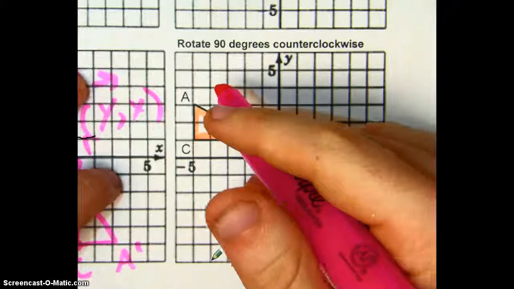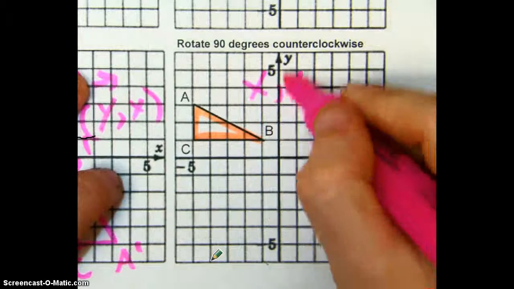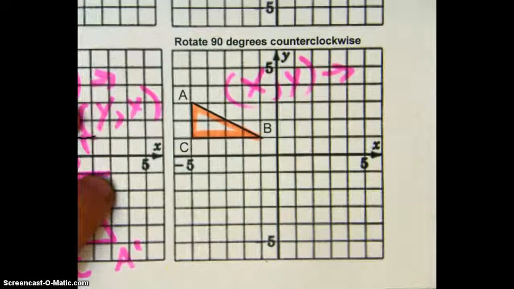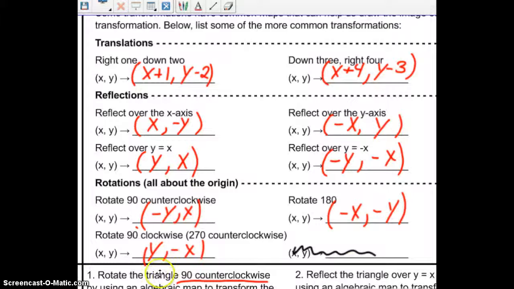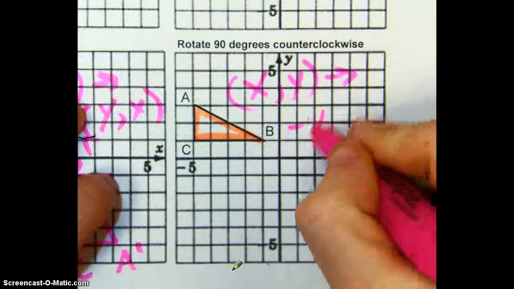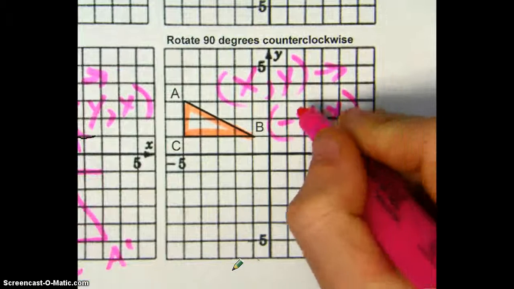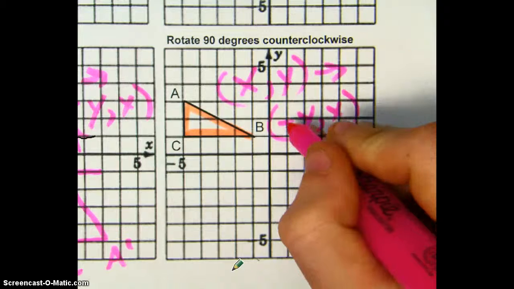So the last one is rotating 90 degrees counterclockwise. And this mapping is a little hard to remember. In fact, I need to look it up right now for myself. Yep, rotating 90 degrees counterclockwise is negative y, x. So negative y, x, which means I'm going to switch my coordinates and make the first one negative.